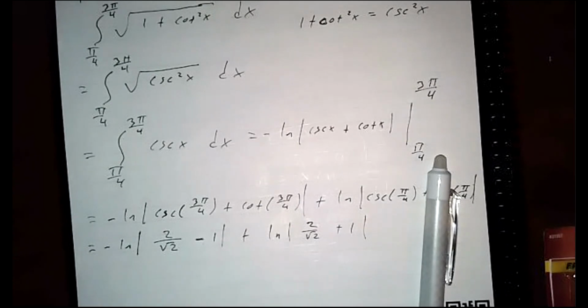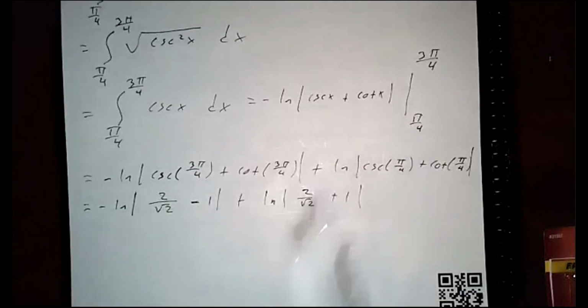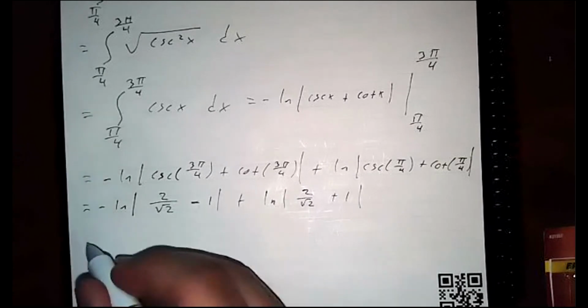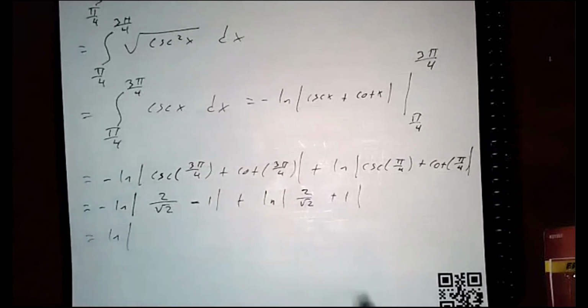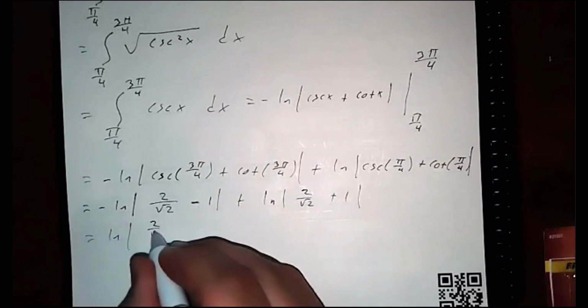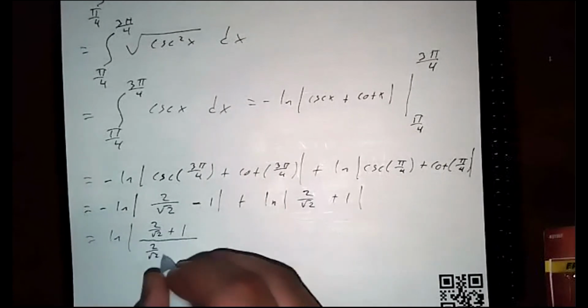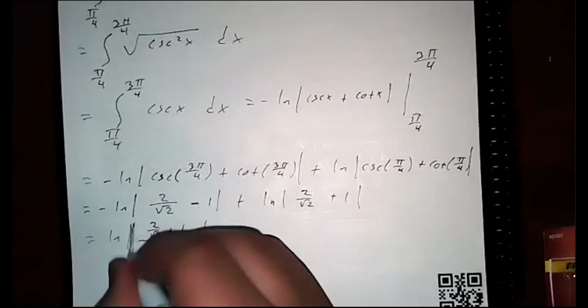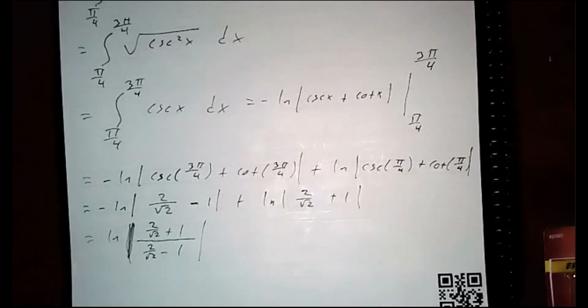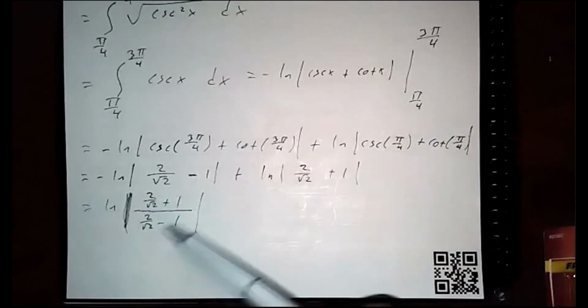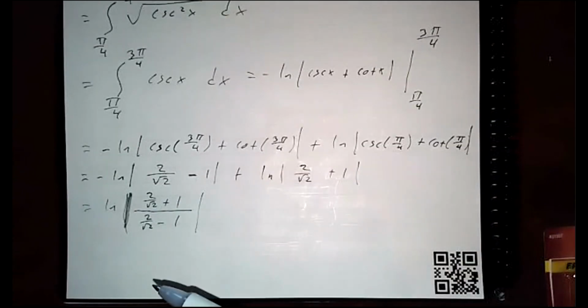You got 4? Oh, sorry, I was saying pi over 4. Yeah, this one, I don't think it's going to get much prettier. Then you could combine them technically into one logarithm and say this is 2 over root 2 plus 1 over 2 over root 2 minus 1. You could also rationalize this and combine them and reduce the fraction.